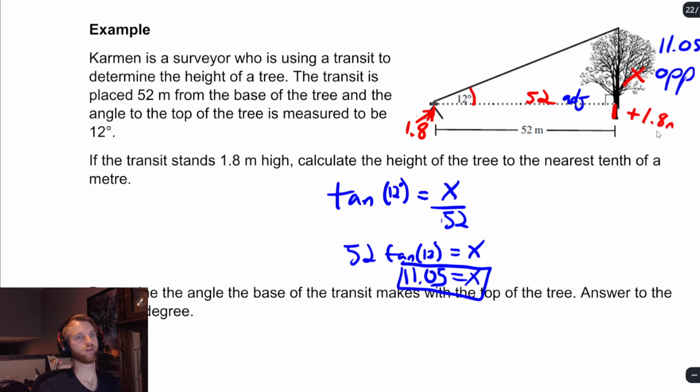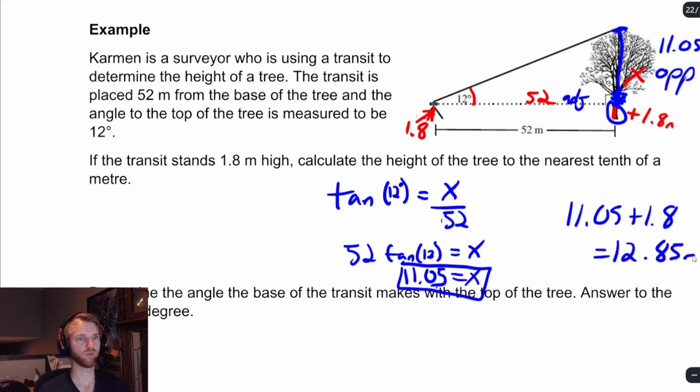Now the height of the entire tree, remember, that is only this distance here. We also need to add on this distance here, that 1.8 meters for the height of the tripod. So the height of the entire tree is going to be 11.05 plus 1.8 more meters, so that is going to be 12.85 meters.